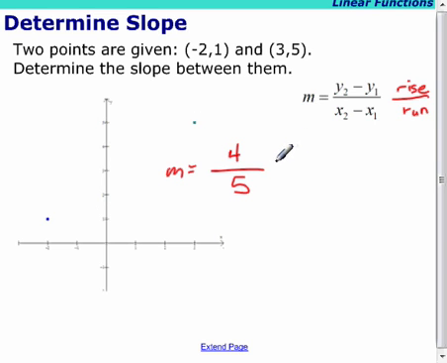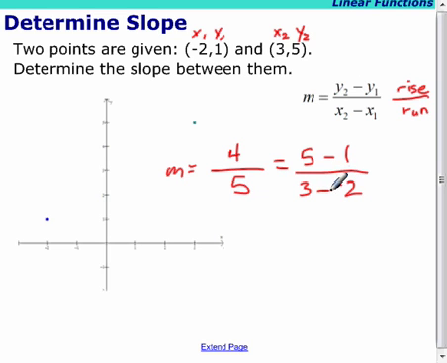Now you can do that by counting, or you can use the formula that they've given here, where they say take the two y values and subtract, take the two x values and subtract. It's important that you do that in the right order. So I typically label my points x1, y1, and this is my point x2, y2. If I plug these numbers into this formula, 5 is y2, minus 1 is y1, divided by x2 is 3, subtract x1 which is negative 2.